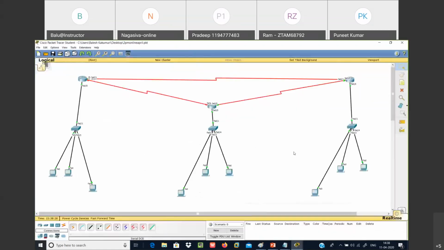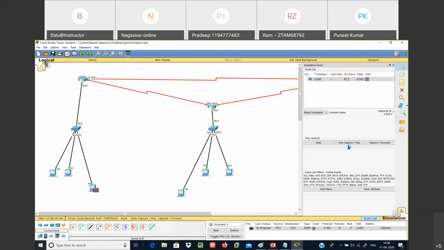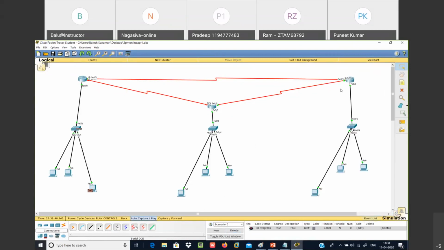Let me check the animation. I'm taking one data packet from source to destination. Let me take one more packet, source to destination. Success. Now see how the packet is moving. The packet goes from source to switch and switch to router, and the router will check the routing table.